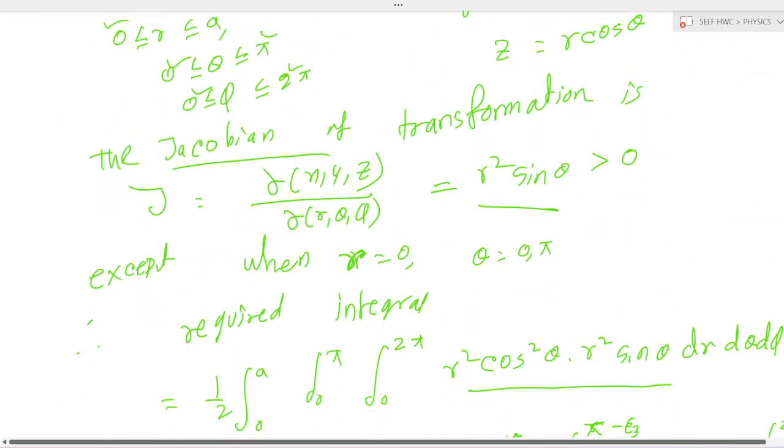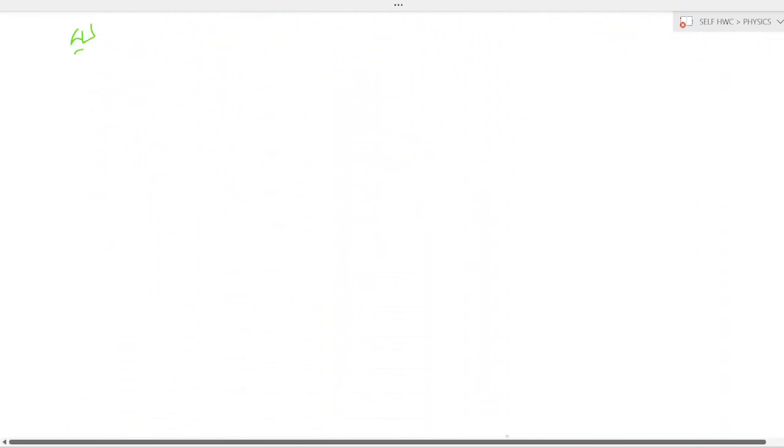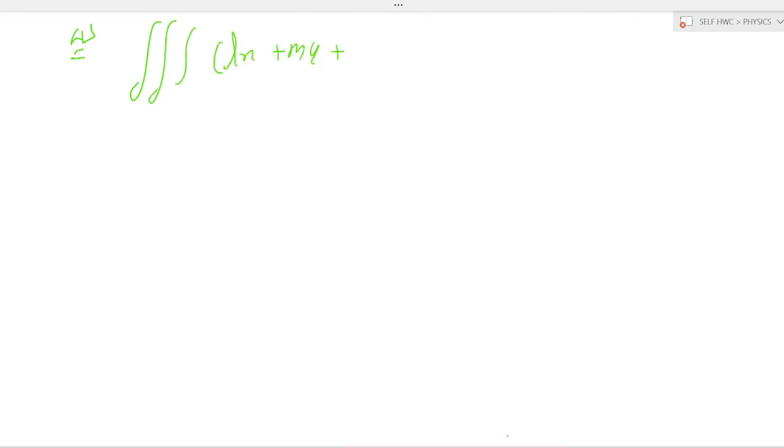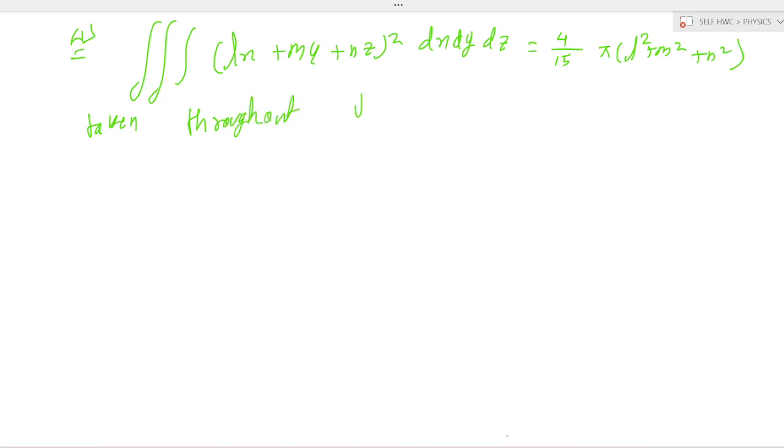Question number 4. Okay, this question is triple integration (Lx plus My plus Nz) whole square dx, dy, and dz is equal to 4 by 15 pi into (L square plus M square plus N square), and taken throughout the interior of the sphere x square plus y square plus z square is equal to 1.